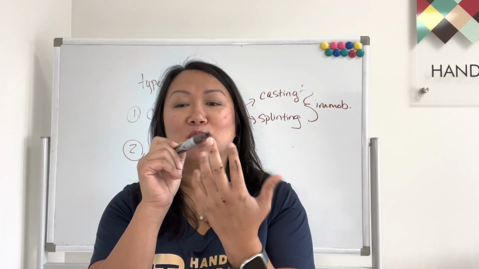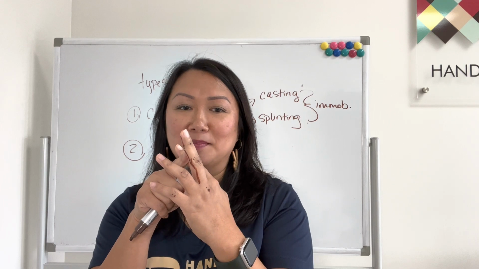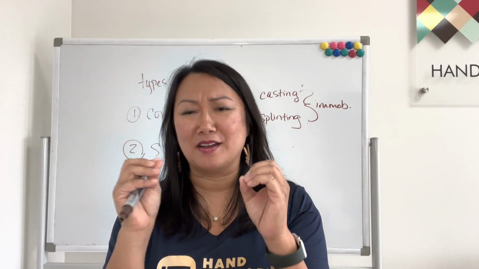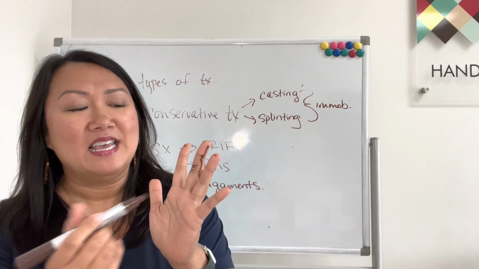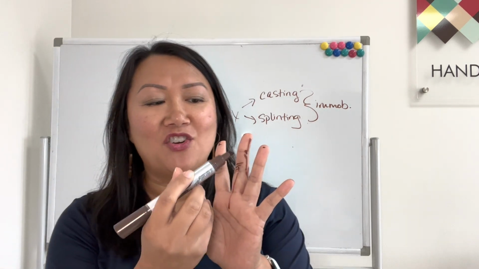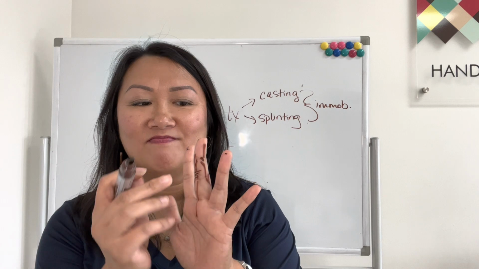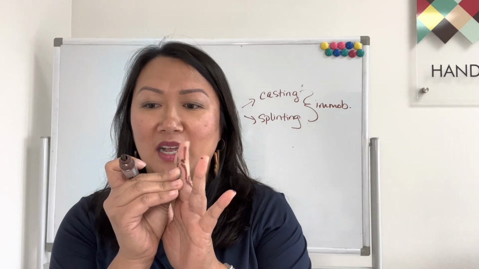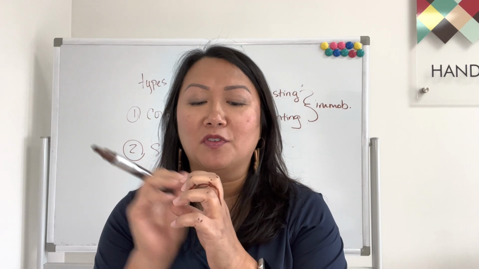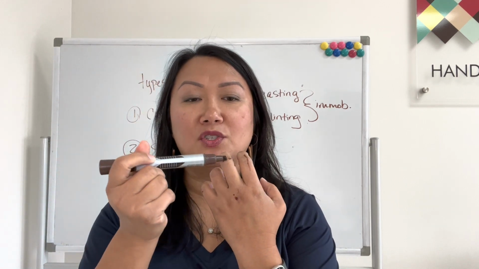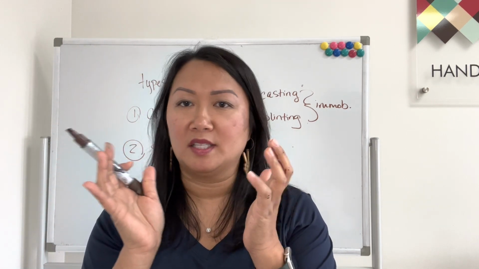It's always going to make your DIP very, very stiff. Why? If we go back to anatomy, if your tendons are not gliding very well, then your profundus will not glide very well. If you are not able to move, guess what? Your extensor hood won't like to move either.